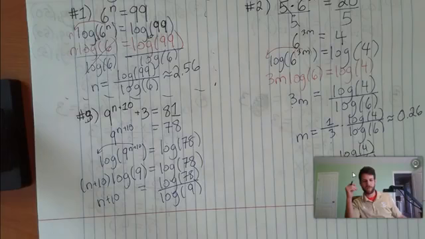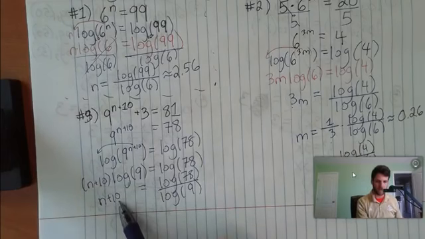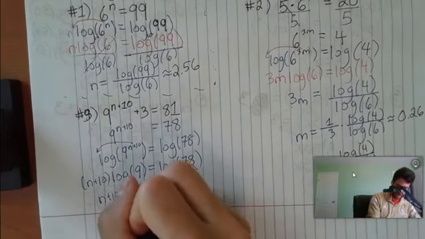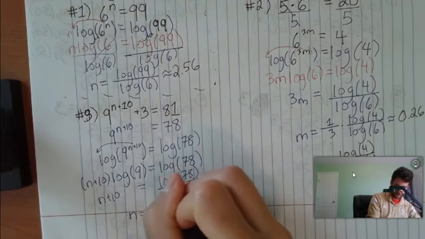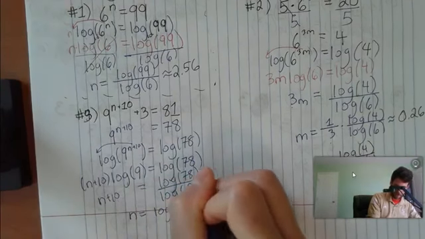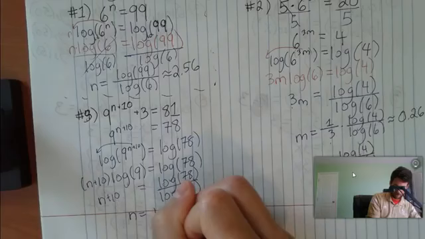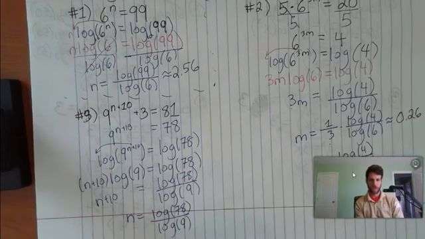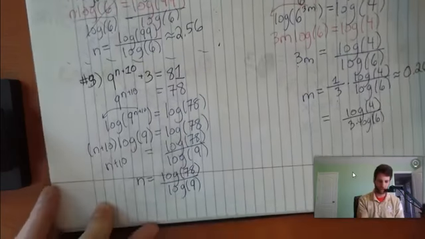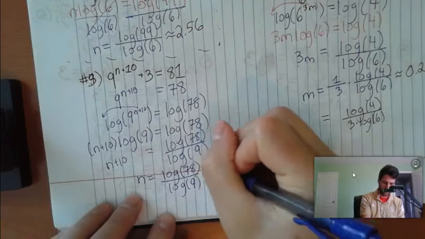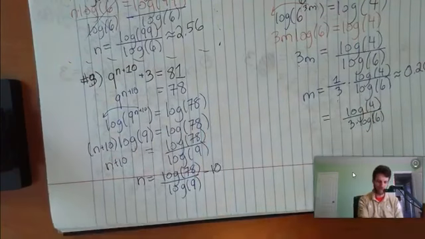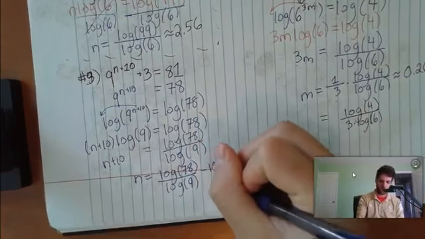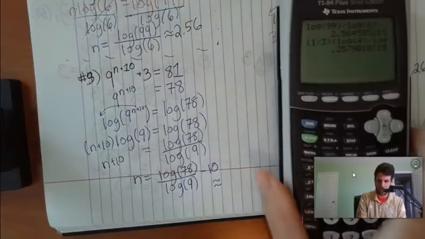And so we have almost the answer. We just got to get rid of this 10 right here by subtracting 10. n equals log of 78 over log of 9, minus 10, right there. And so we have a result that we would just need to subtract 10 from to get the answer. And that would equal about, let's check our calculator.